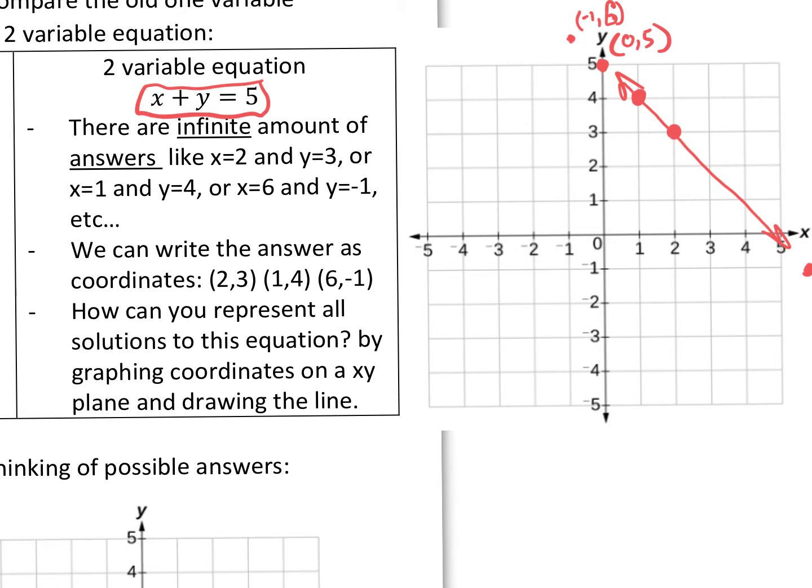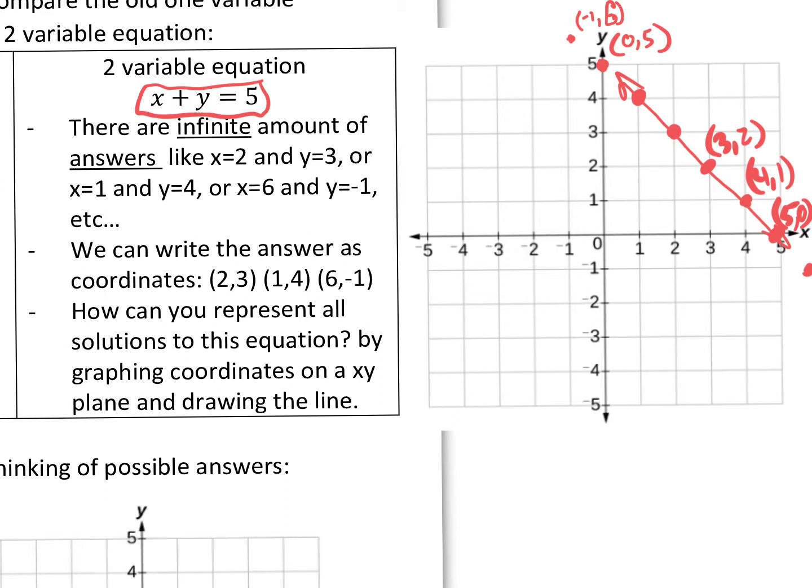So all of these points, right? All of these points, all these coordinates, that coordinate right there, which is 3, 2, that also equals 5 if you add them together. This coordinate right here, which is 4, 1, that also equals 5 if you add them together. This coordinate right here, which is 5, 0, that also equals 5 if you add them together. I mean, there's an infinite amount of answers.